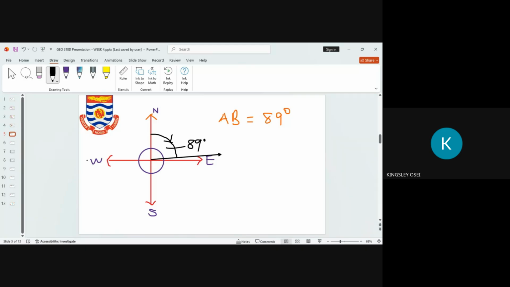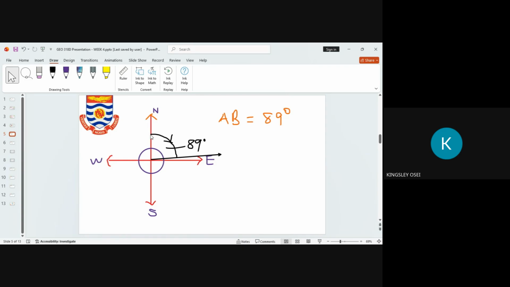Here should be 270, because under whole circle you don't introduce letters. So these are 89.